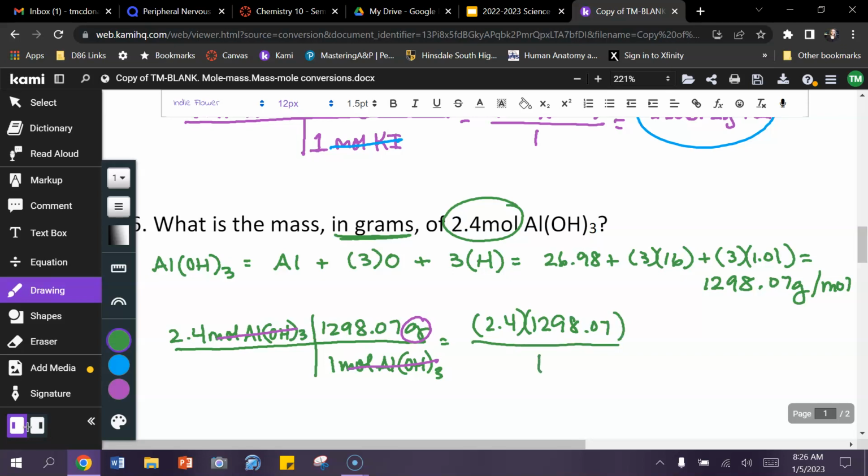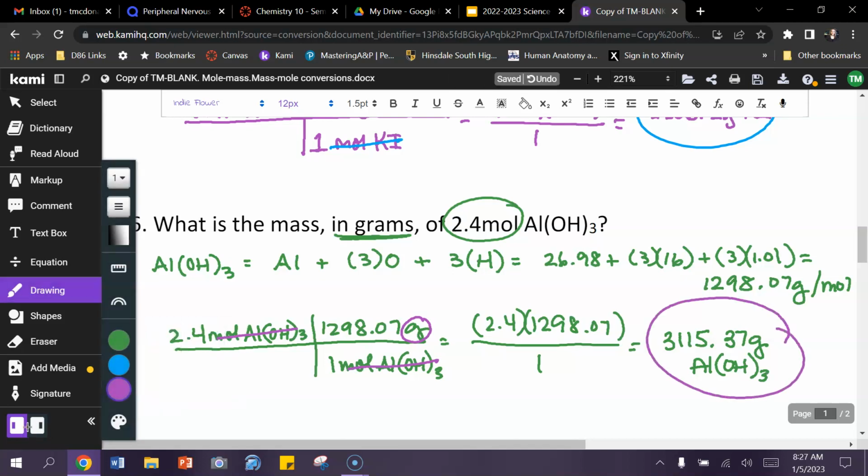We're going to divide that product by 1, and when all is said and done, we get 3,115.37 grams of aluminum hydroxide. And then, of course, circle your answer.